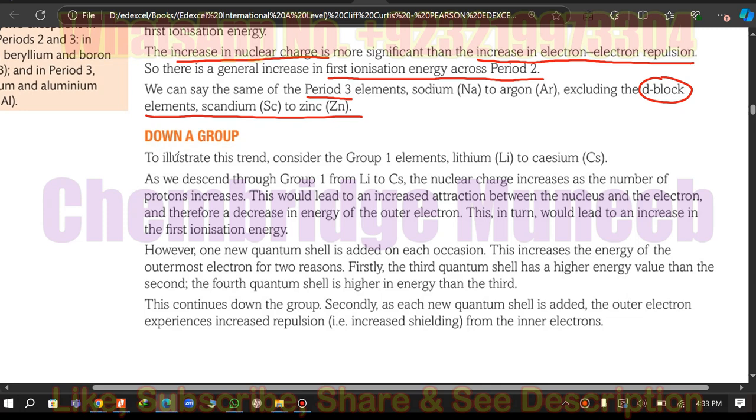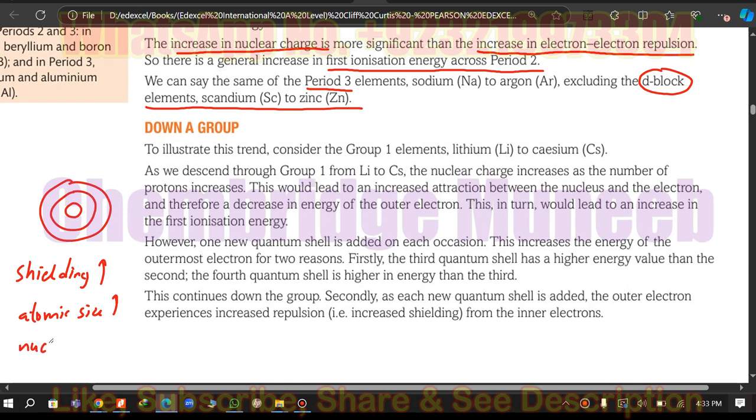Now while moving down the group, the size of the atom is increasing, and as a result of this the shielding also increases. Shielding increases, the atomic size is increasing, the nuclear charge, what happens to the nuclear charge?